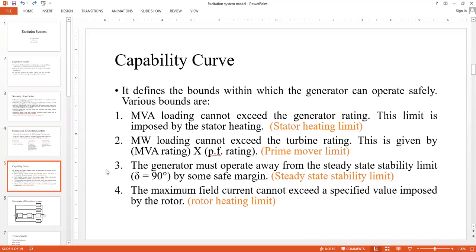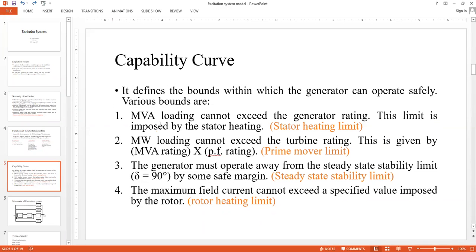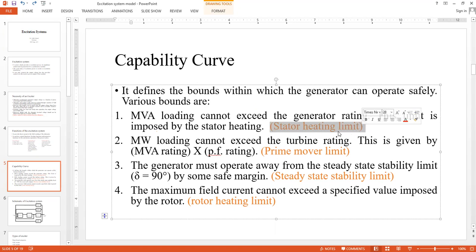so that there is no further damage to the system. And I just talked about the capability curve, and from the capability curve, basically you get these four pieces of information. Number one, you get the information about the MVA loading, how much MVA loading can be put on the generator. That MVA loading is translated into the stator heating limit. That means how much current you are getting out of your synchronous machine.